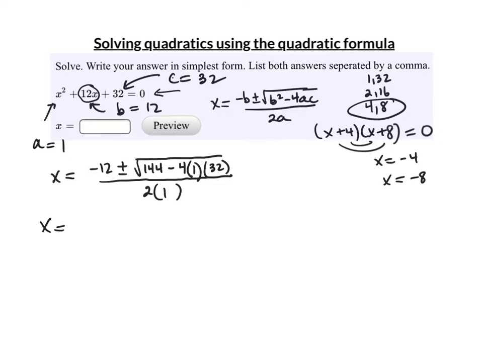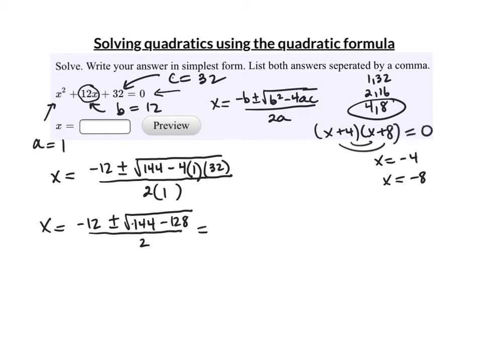So this is equal to -12 plus or minus the square root of 144 minus 4 times 32 is 128, all over 2.